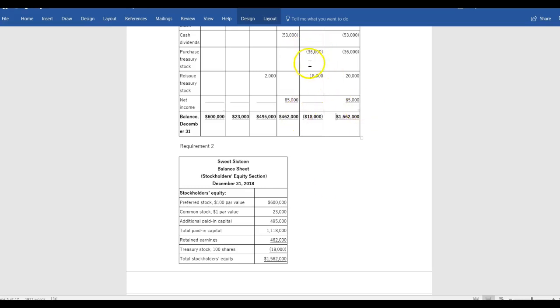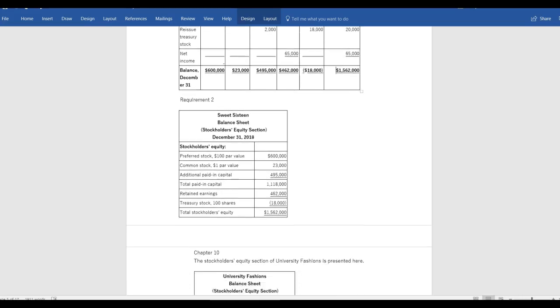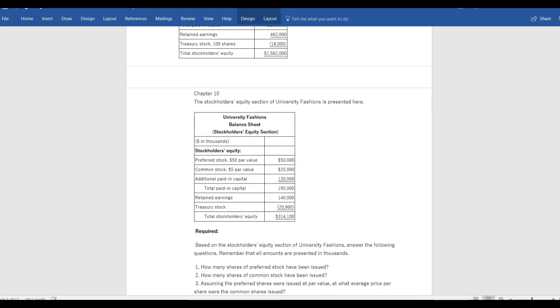Because we purchased some and then reissued it, our balance at the end of the year would be a minus $18,000. Or you may have a question, what is the total stockholders' equity section at the end of December 31st? That would show you the $1,562,000. So mainly your multiple choice will ask you what these ending balances are going to be.